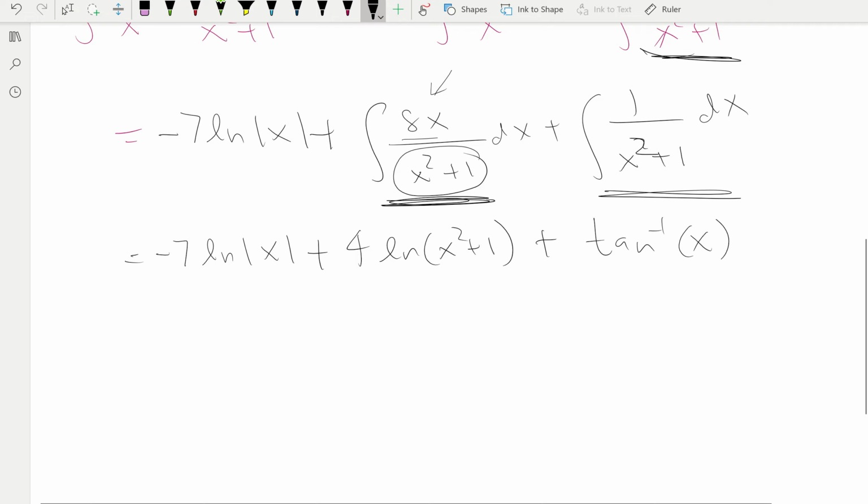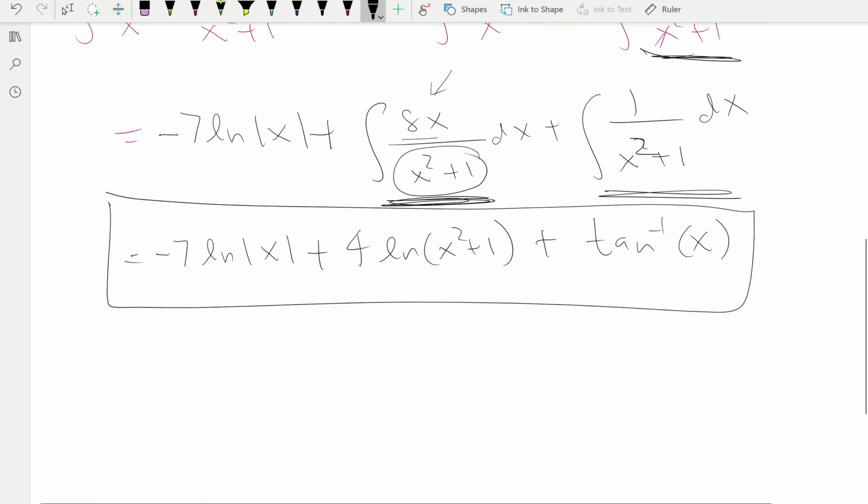Okay, so what usually happens in a non-repeated irreducible factor problem, it should be non-repeated. If it is repeated, don't even start that in this video. Let's do that in a separate video. It's terrible. But here, if you have a non-repeated irreducible factor, usually two things will be involved: integration by substitution and that tangent inverse thing.